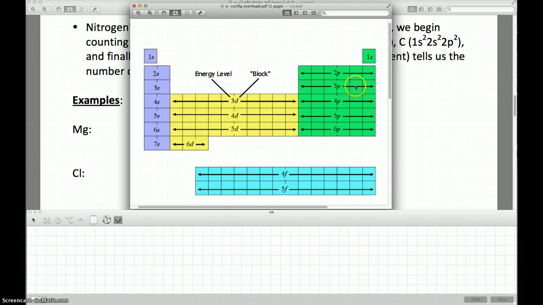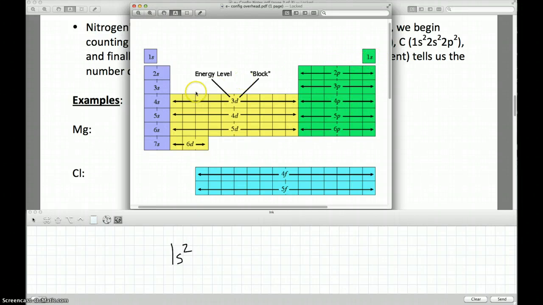Beginning of the periodic table, we have 1s, and again there's 2 of those boxes. So my electron configuration is 1s2. That gets me done with that row.